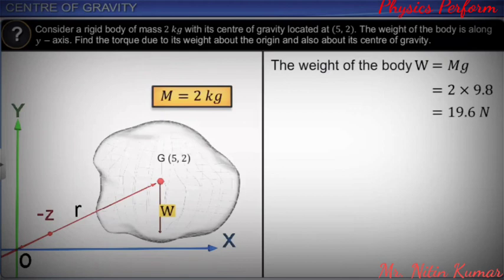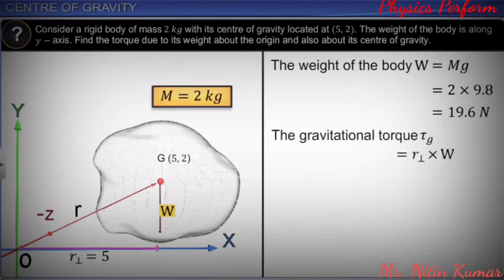The gravitational torque tau G equals R perpendicular into W, which is 5 into 19.6 Newton meter, equals 98 Newton meter, and acts perpendicular to the plane of the paper, going into it.